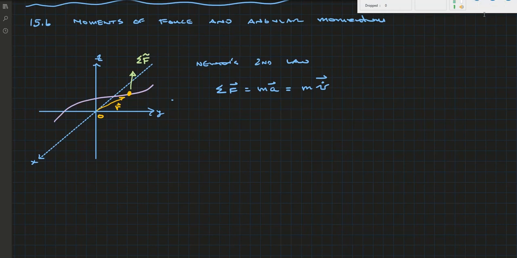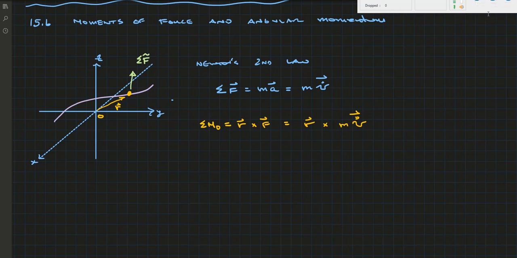So if I'm looking at these forces and I want to sum their moments about O, what we end up with is R cross F, and that is going to equal R cross M V dot.